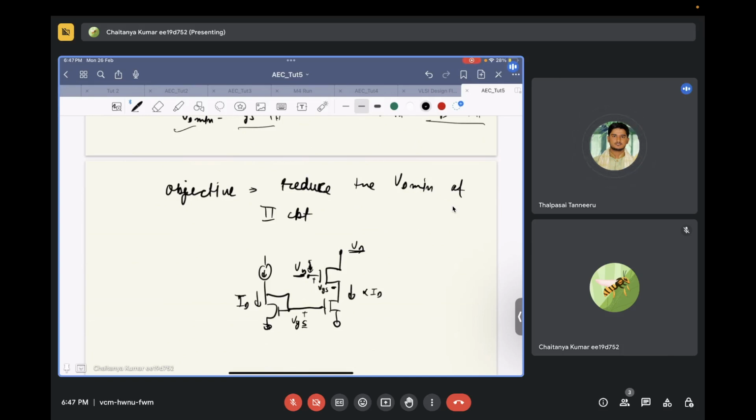If you start reducing this bias voltage, which transistor will go into triode? Sir, the lower transistor will go into triode region, sir. Correct. So what is the drain voltage of the lower transistor? Yeah, it is nothing but VGS, right? No, how is it VGS? Oh, okay, yeah, it is VD.